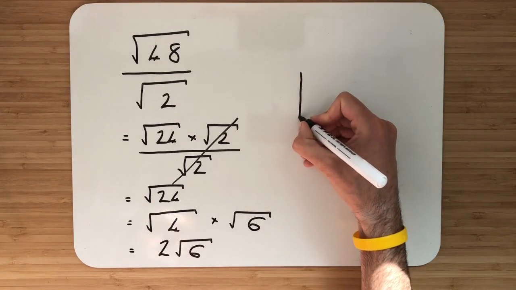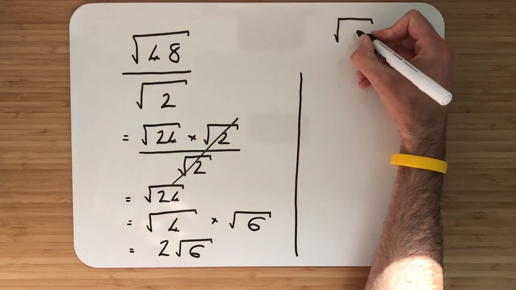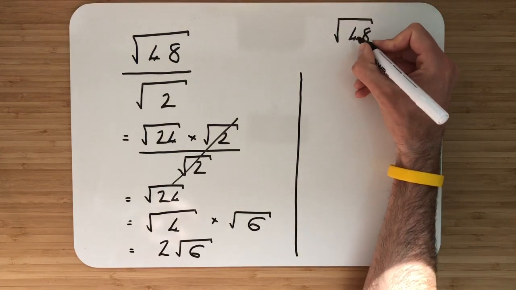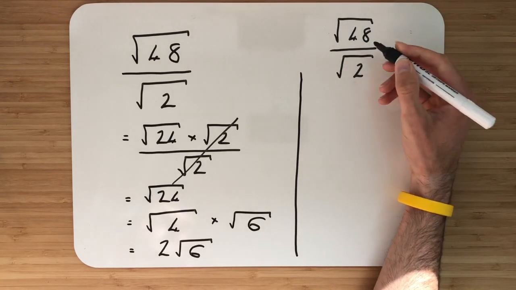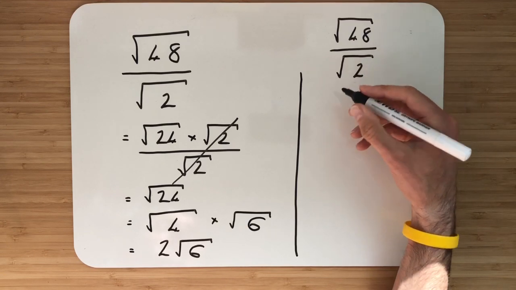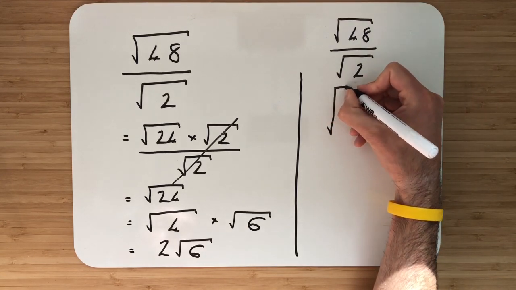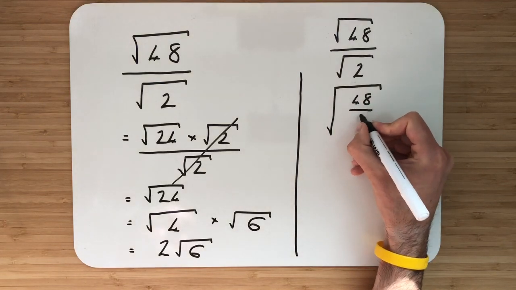Another way that we could have treated this, if I just split my board, if I have root 48 over root 2, because both of the numbers are underneath square root signs, I can just change this to the square root of 48 over 2.